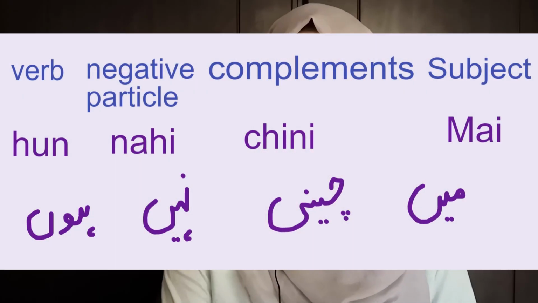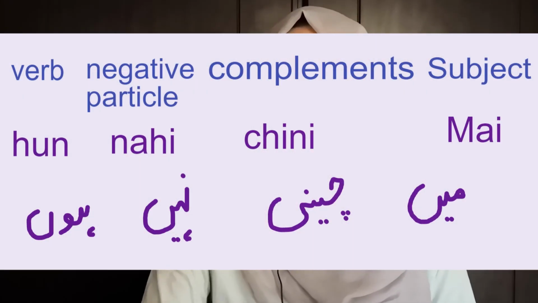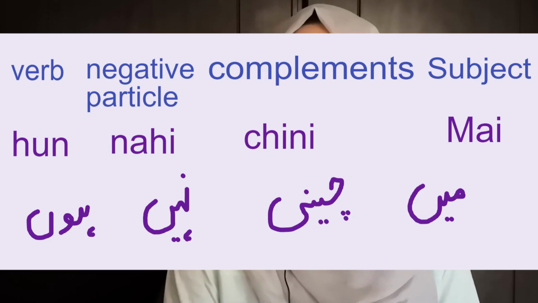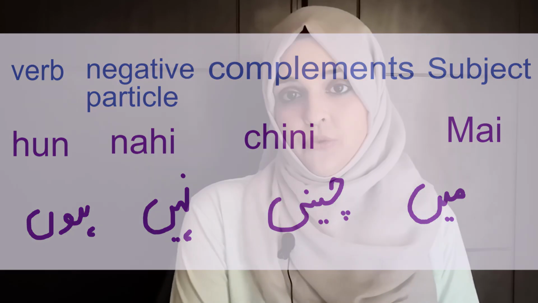Let's say you want to insert a negative particle in a sentence. The negative particle, no or not, in Urdu is nahi. So you're going to insert a negative particle before the verb. For example, you're saying I'm not Chinese. You're going to say मैं Chinese नहीं हूँ.